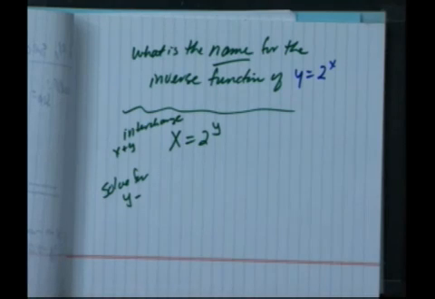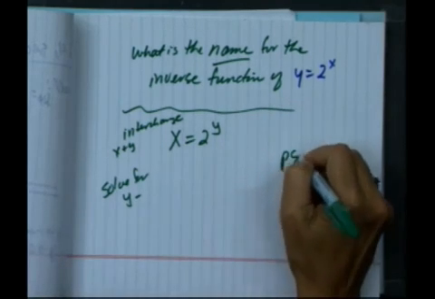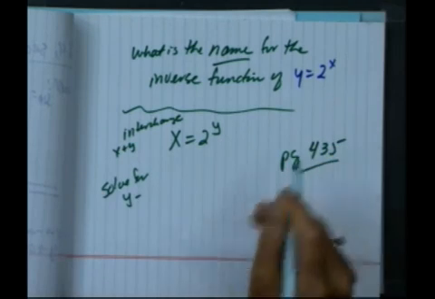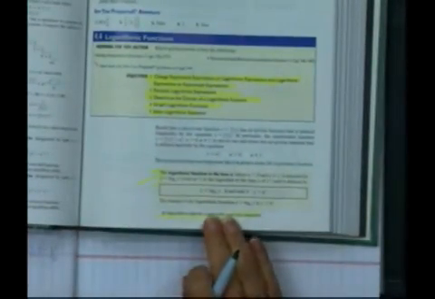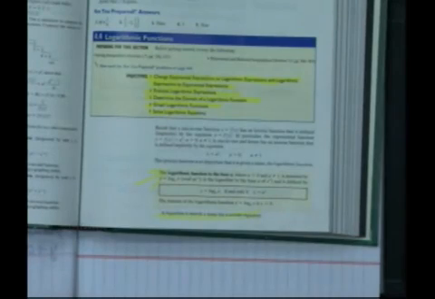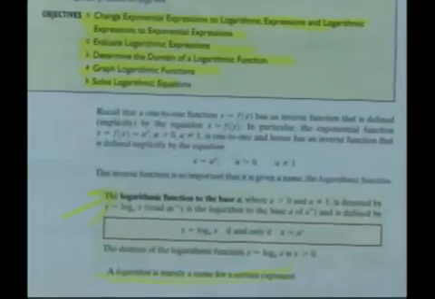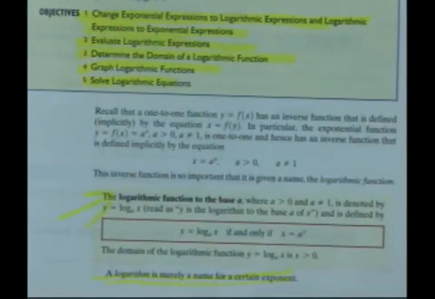Okay, so if you'll go to your book on page 435, at the bottom of page 435 is a definition. There had to be some way to give this thing a name. It's not anything but a name. All right?